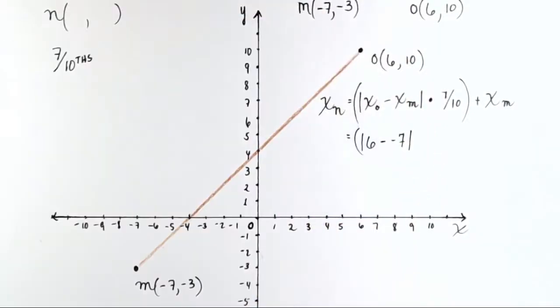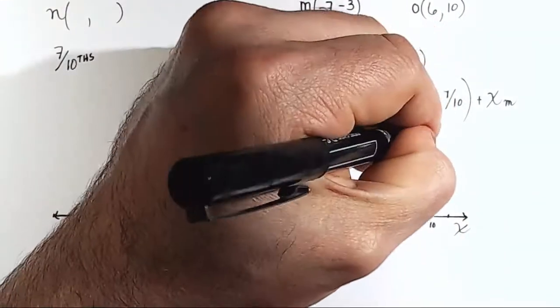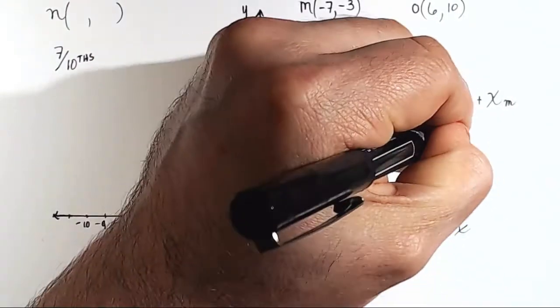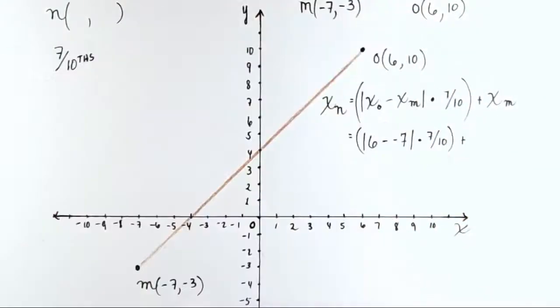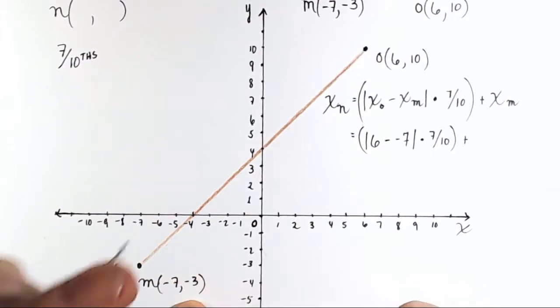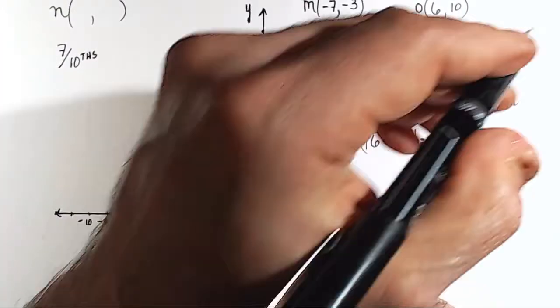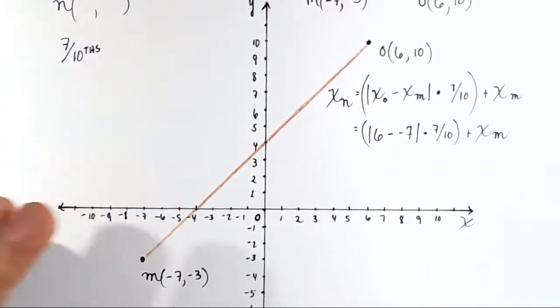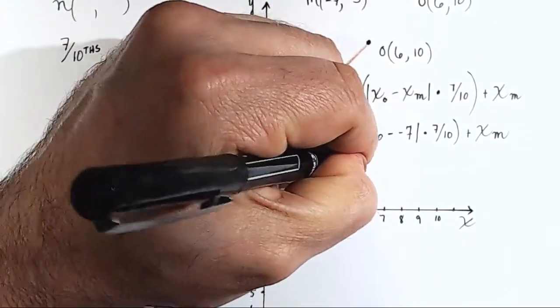And we see there that we've got a double negative. That'll become positive. And again, that's going to be multiplied by 7/10 and added back to the x value for the M coordinate. Well, let's keep following the rabbit hole.